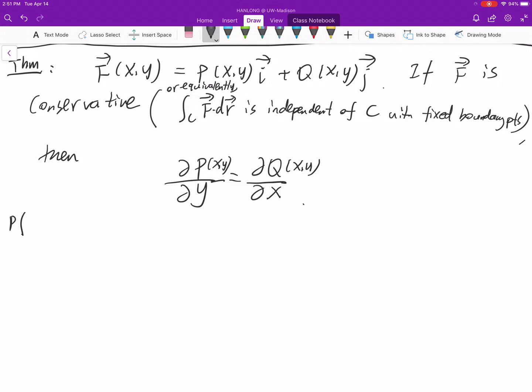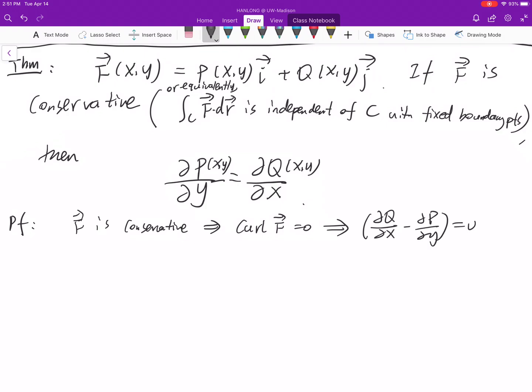So the proof is easy because we know F is conservative, so curl F is 0. And therefore, what is curl F? Partial Q partial x minus partial P partial y equals 0.